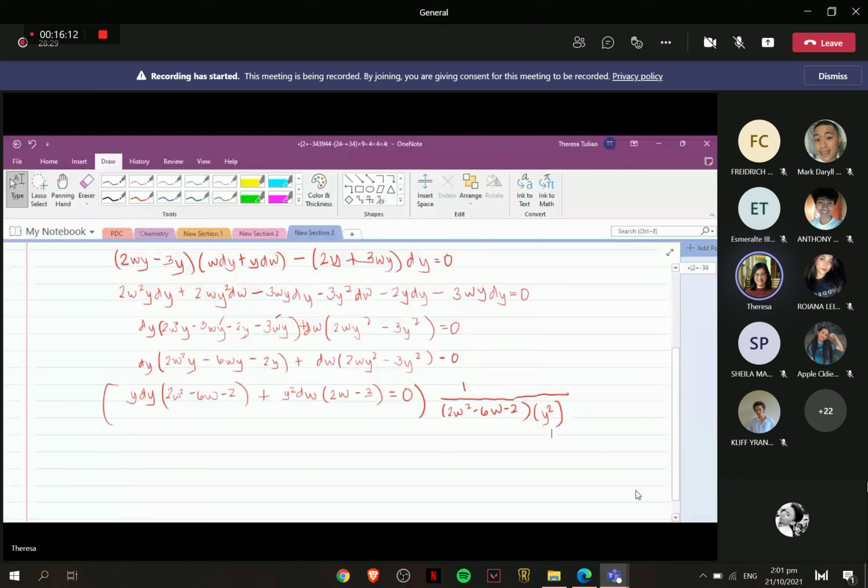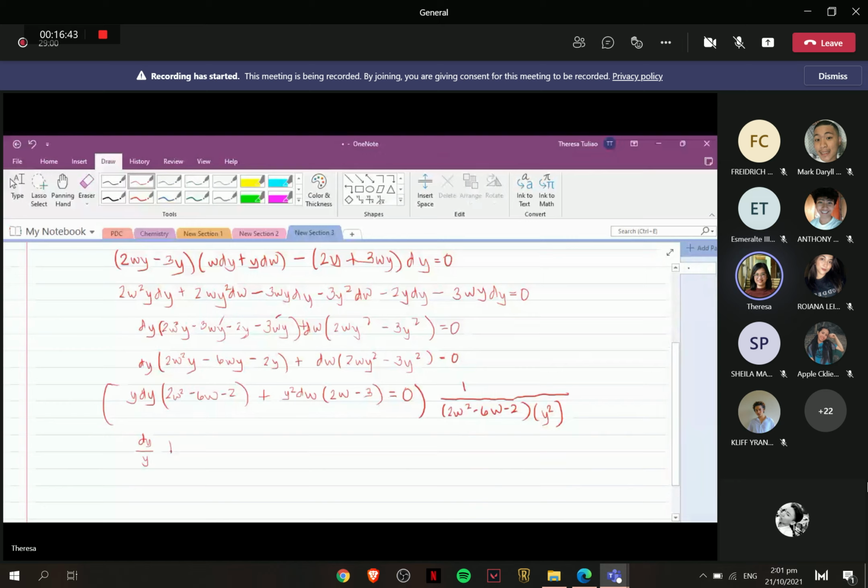So if we're going to do that, what will be left of our equation? So matitira sa equation natin is, so maka-cancel ito, no? Cancel ito at ito. So that will be y dy all over y squared, or just simply dy over y. Plus, okay, dito naman tayo sa term na ito.